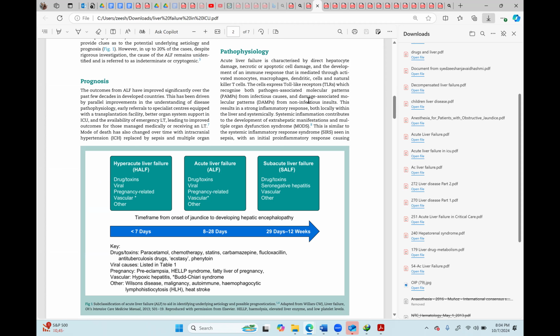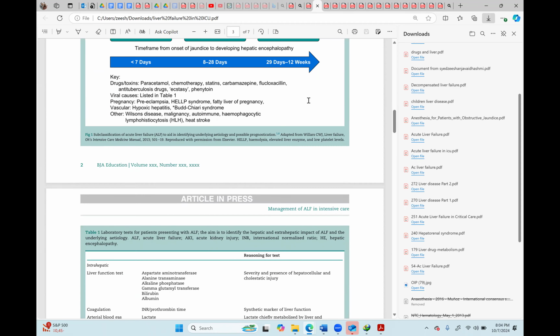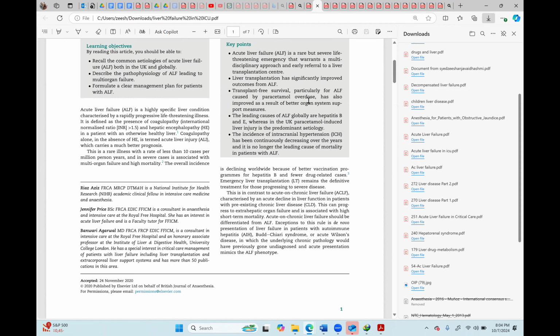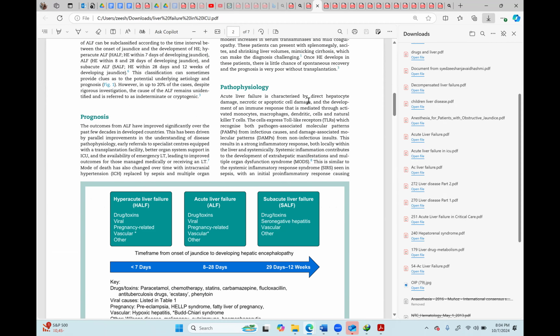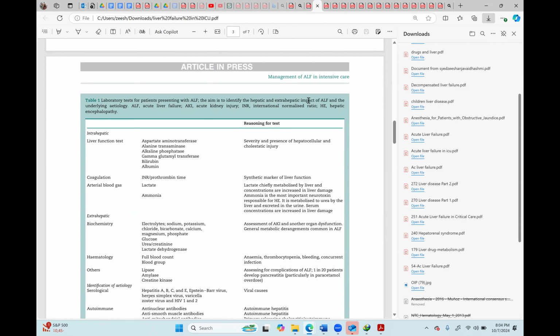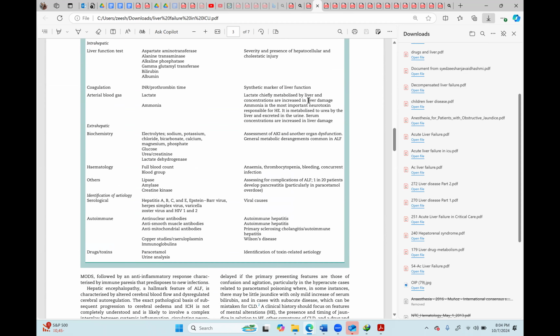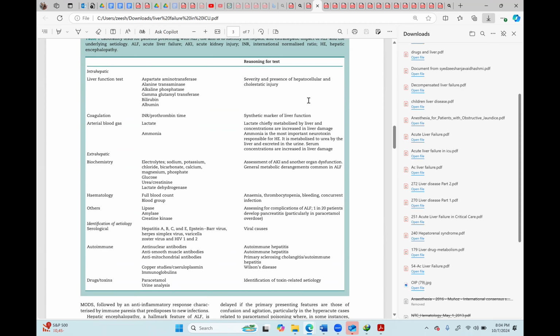And then viral causes are listed in table one. Here is table one.